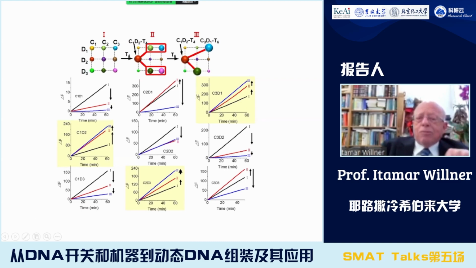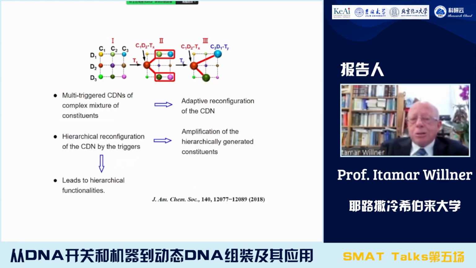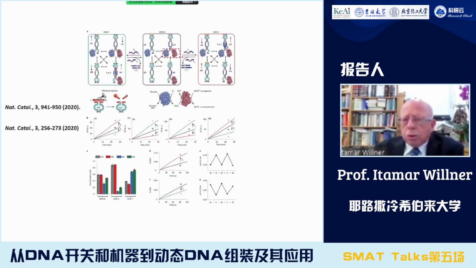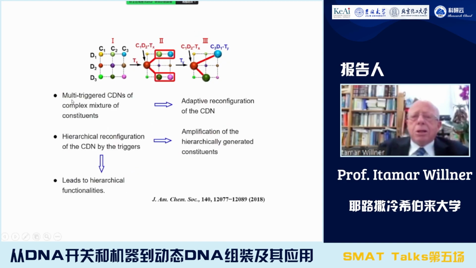And believe me that these results that are shown here demonstrate exactly these properties. And we were able to show that we can induce hierarchical transitions in these 3x3 networks of enhanced complexity.